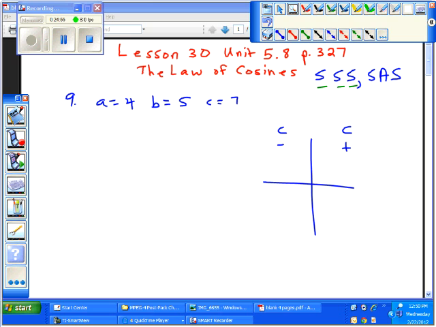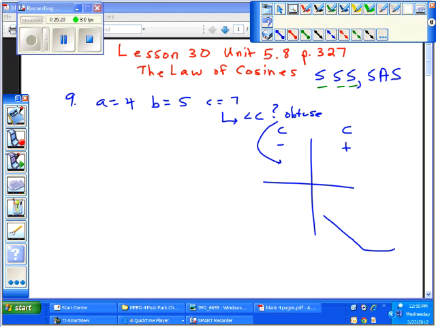So here's what we're going to do. We're going to say, in case one of the angles is obtuse, I want to find it first. Now, there can only be one obtuse angle in a triangle. And if there was going to be an obtuse one, which one would it have to be? It would have to be the one opposite the largest side, C. So angle C is the only one that could possibly be obtuse.